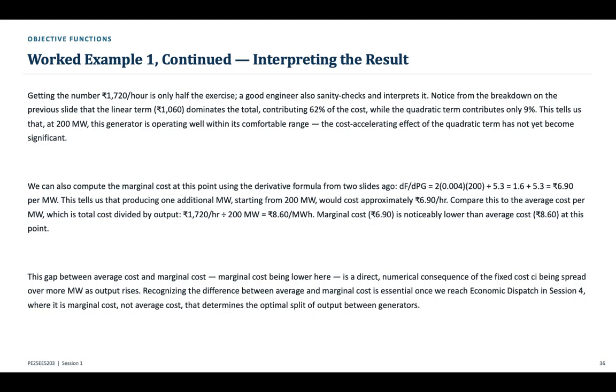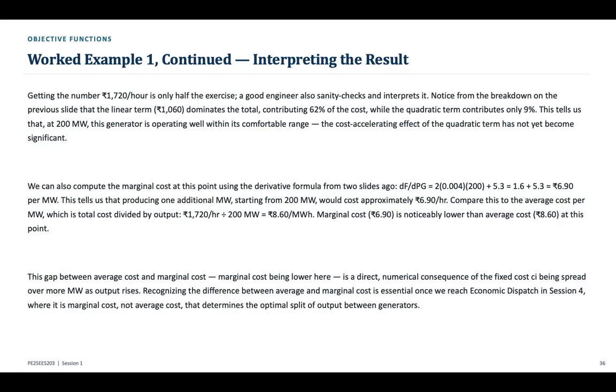See, getting the number of 1,720 rupees per hour is only half the exercise. So a good engineer also sanity checks and interprets. Notice from the breakdown on this slide here that the linear term 1060 dominates the total, contributing 62% of the total cost, while the quadratic term contributes only 9%.